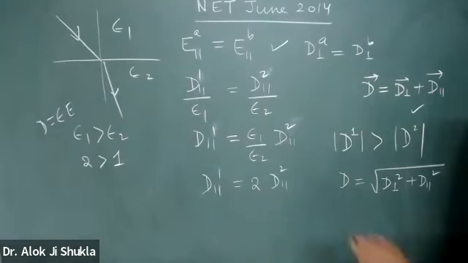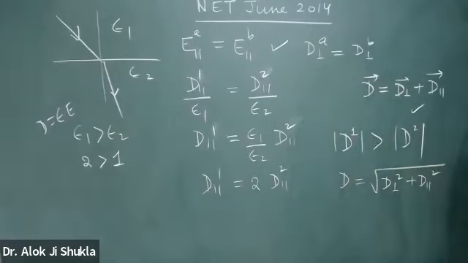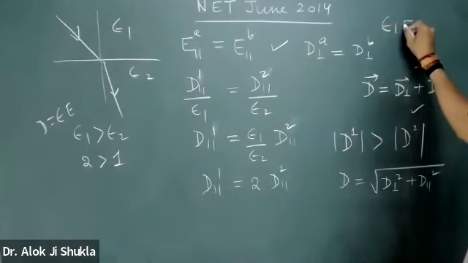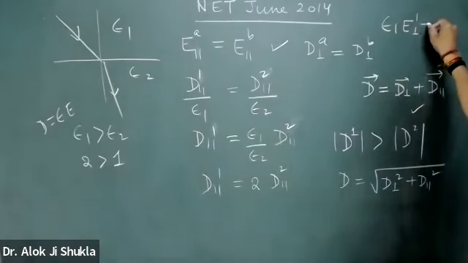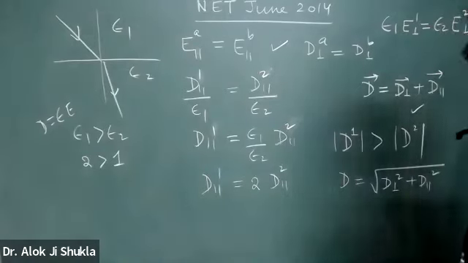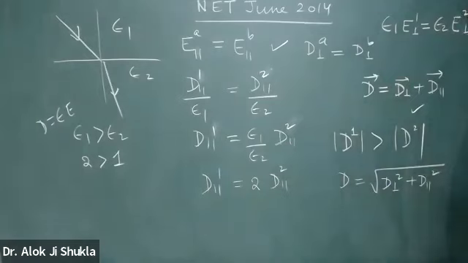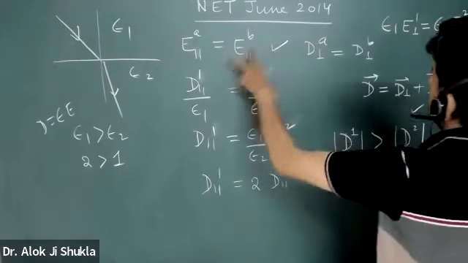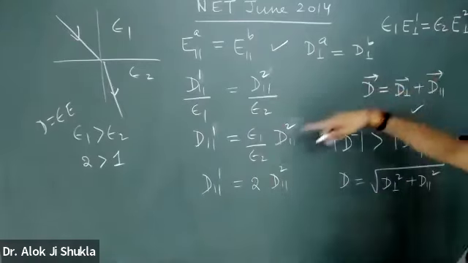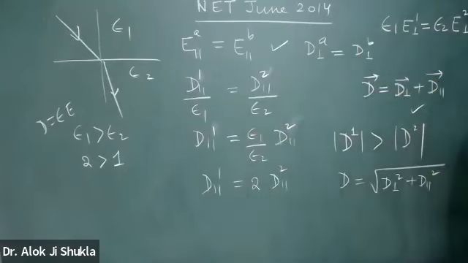Now, what about the electric field? You can say D perpendicular above is equal to D perpendicular below. D is epsilon E, so epsilon 1 E1 perpendicular is equal to epsilon 2 E2 perpendicular. And the parallel component of E is the same, so just from the perpendicular component I can tell about the electric field. So again, epsilon1 is greater than epsilon2, so E2 is greater than E1.